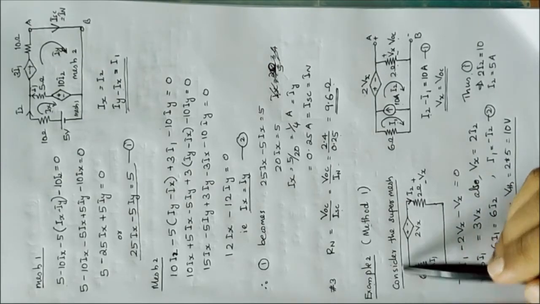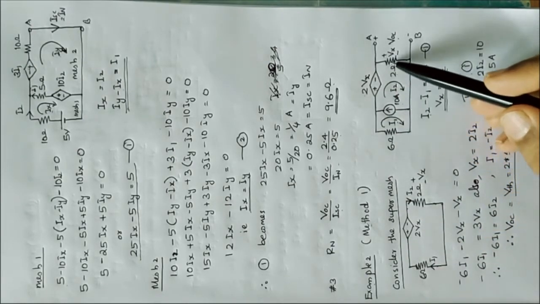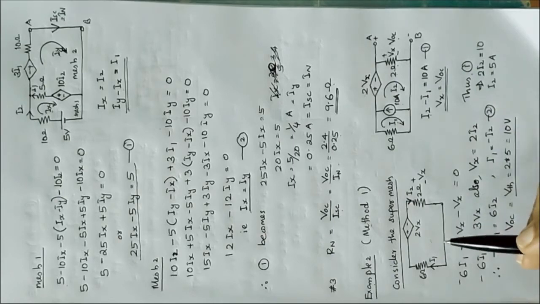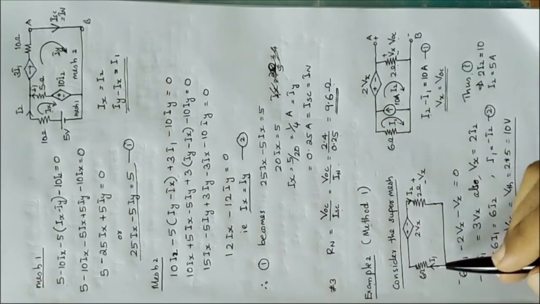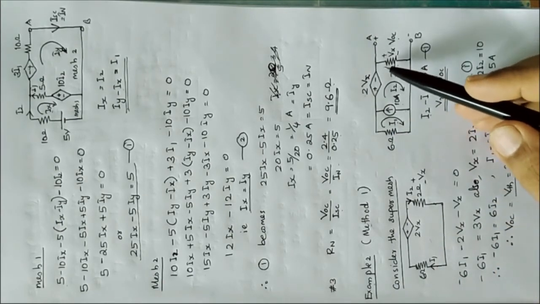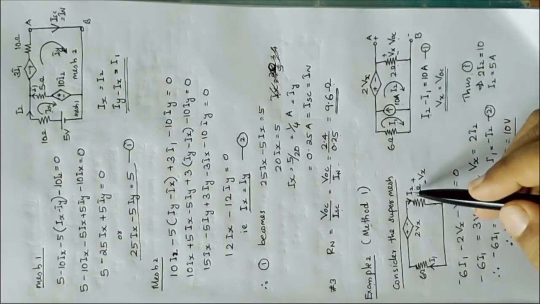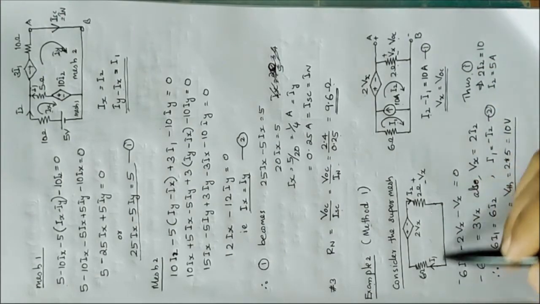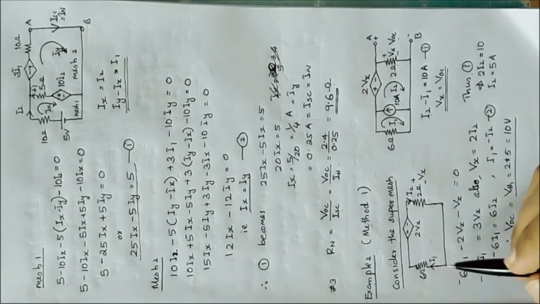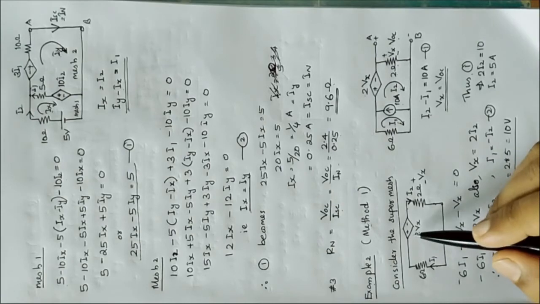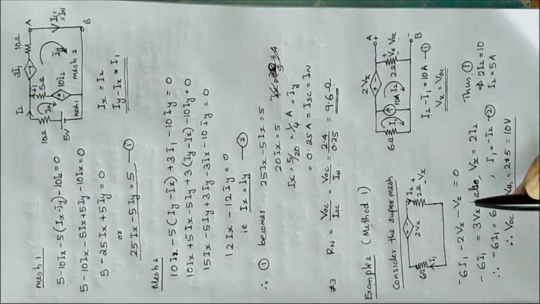Now let's consider the super mesh. This is the super mesh, separately drawn here. In the super mesh, the current through the 6 ohm resistor is I1 and the current through the 2 ohm resistor is I2. Considering all these concepts, we can write the voltage equation as minus 6 I1 minus 2 Vx minus Vx is equal to 0, that is, minus 6 I1 is equal to 3 Vx.